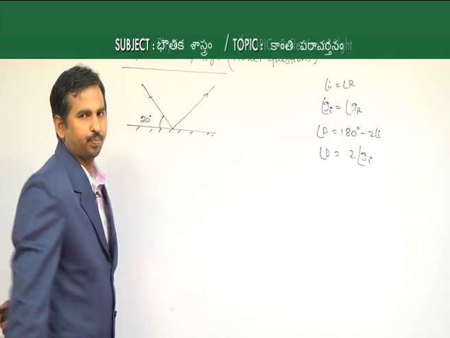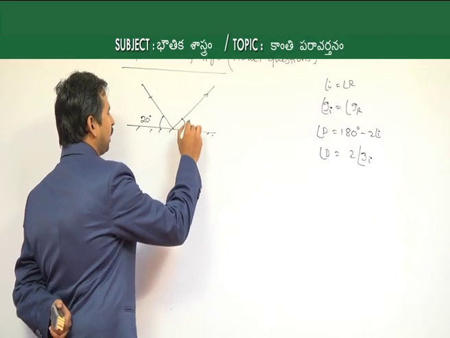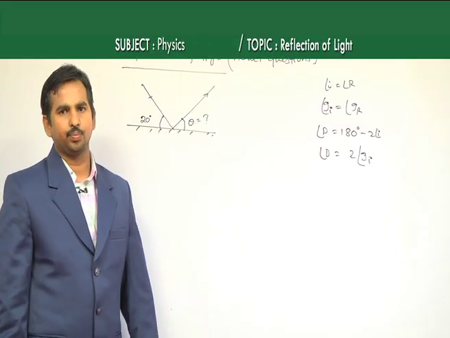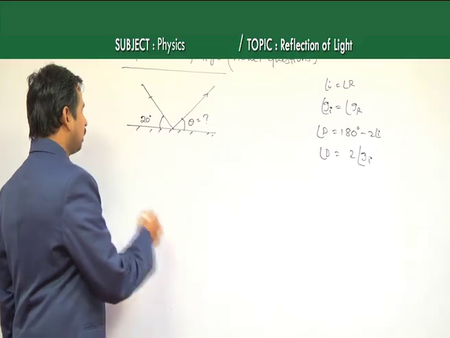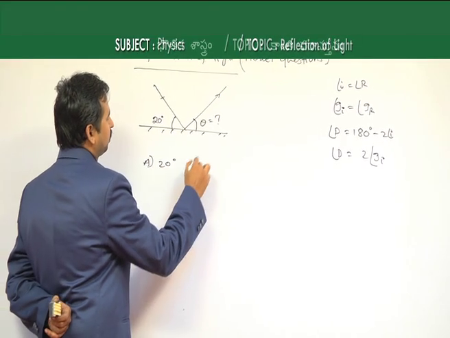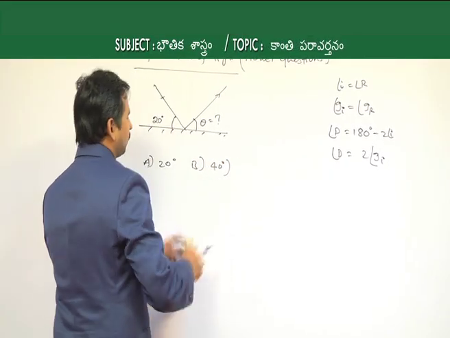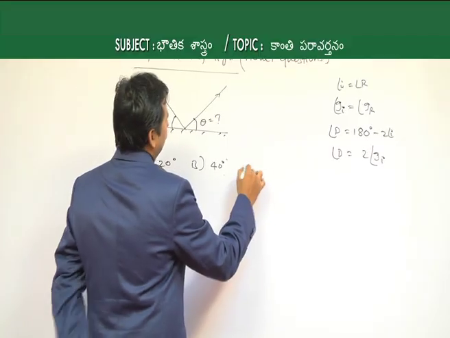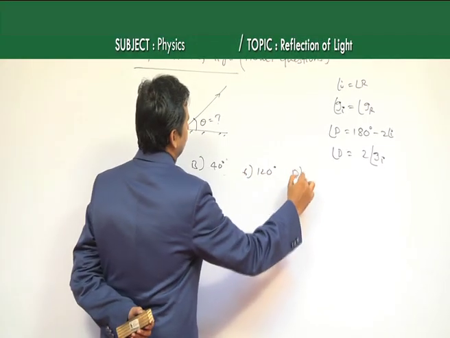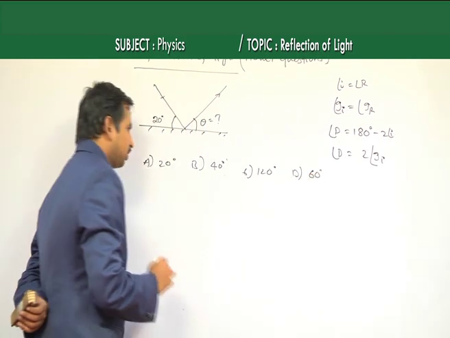What you have to find is how much this angle theta is. This is the question given. The options are: option A 20 degrees, option B 40, option C let us suppose 120 degrees, and option D 60 degrees.